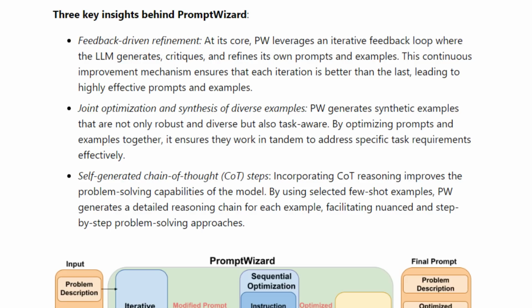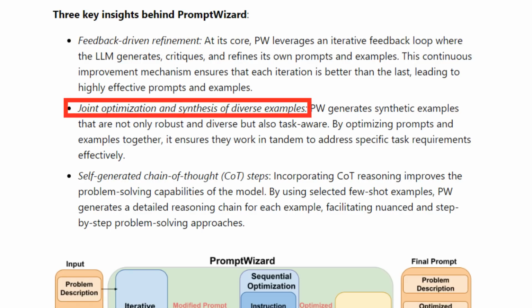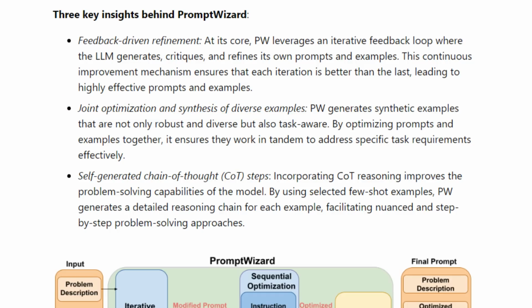The next level is basically where it's doing joint optimization and starting to create synthetic examples that are diverse, but still in line with the tasks that you're trying to do. And then thirdly, and perhaps most interestingly, is the whole idea of self-generated chain of thought steps. So this is incorporating chain of thought reasoning to improve the problem-solving capabilities of the model.